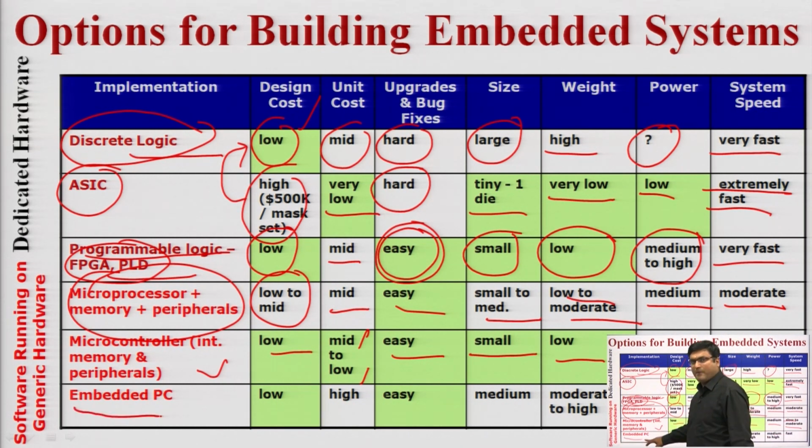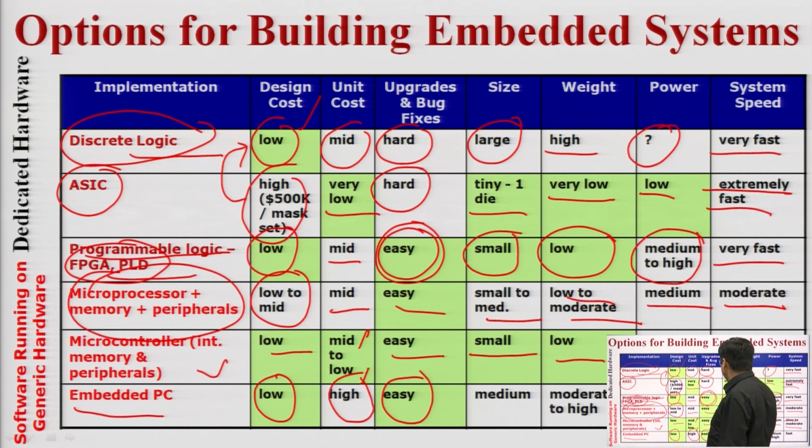By using embedded PCs, cost is low, unit cost is high. It is easy to upgrade the application, size is medium, moderate to high weight and medium to high power consumption, and the speed is fast.